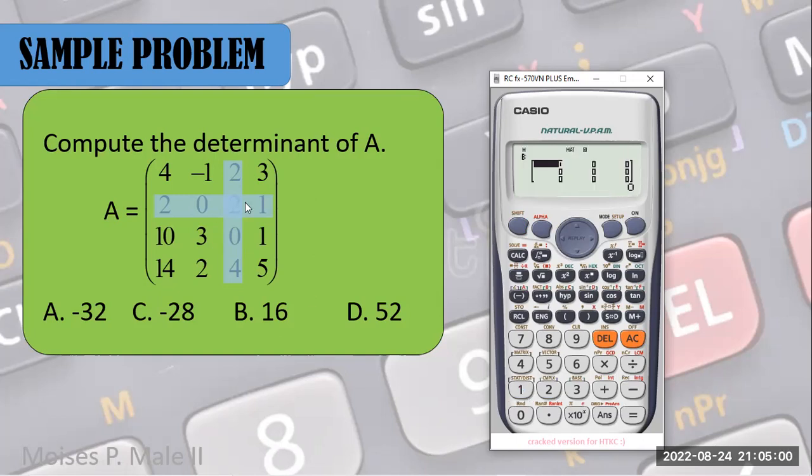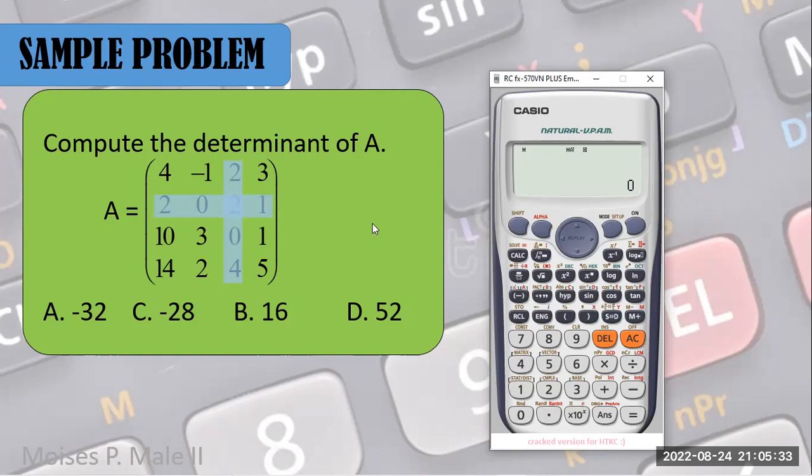Okay. So, input natin is 4, negative 1, 3. Plus 10, 3, 1. Then 14, 2, 5. Okay. So, meron ka ng para sa pangalawang matrix.